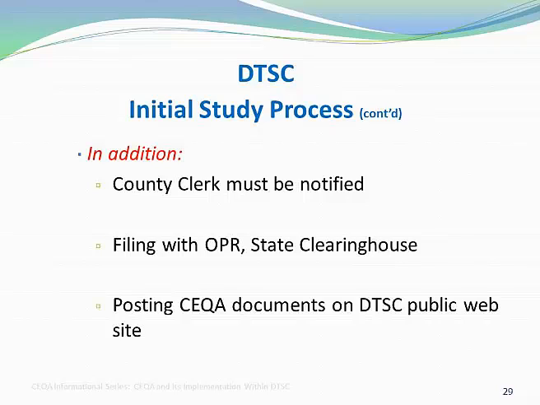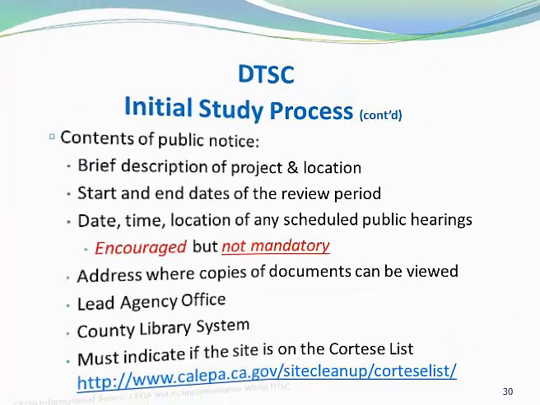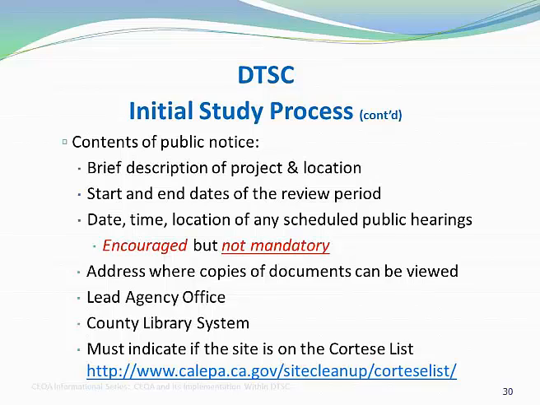Now I'll turn to the initial study public notice requirements. The contents of a public notice include the items you see listed on the screen: a brief description of the project and its location, the start and end dates of the review period, the date, time, and location of any scheduled public hearings, which are encouraged but not mandatory, and the address where copies of documents can be viewed, usually the lead agency office and the county library system.